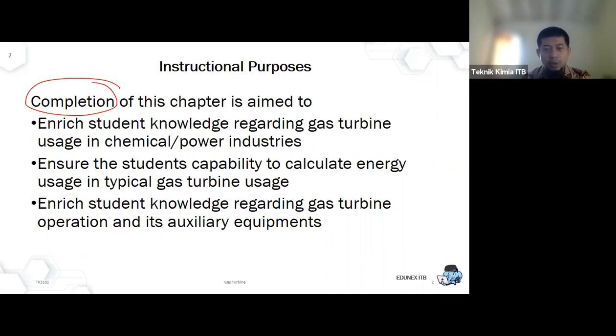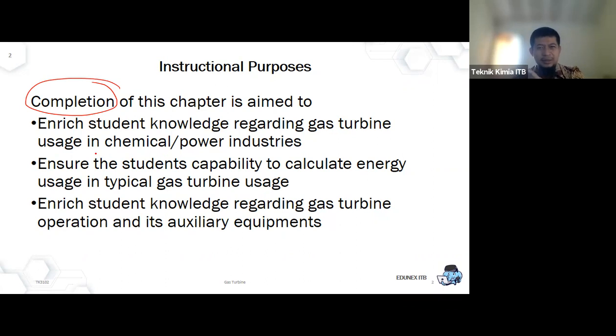When you are working with a steady state chemical plant with a large amount of power use, the steam turbine offers a better option. But when you are working in quite a limited area of a chemical plant, the gas turbine always gives a better option.